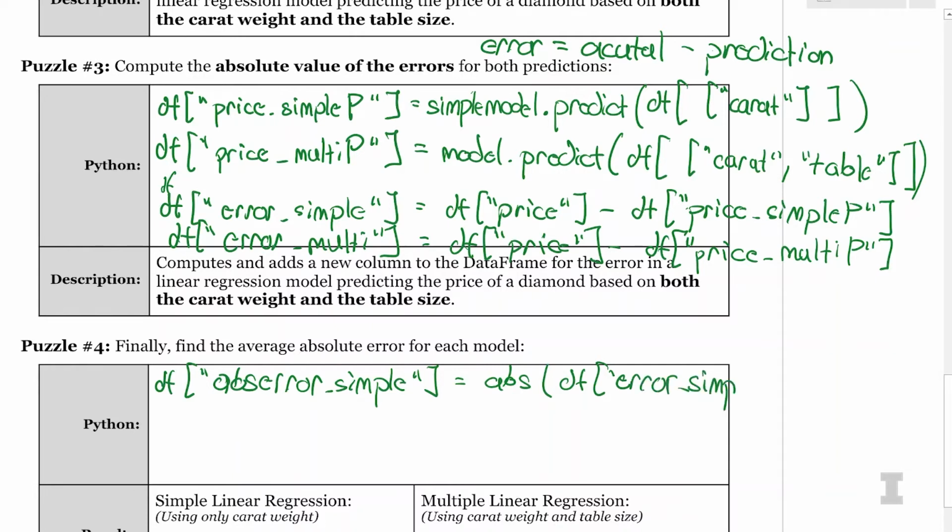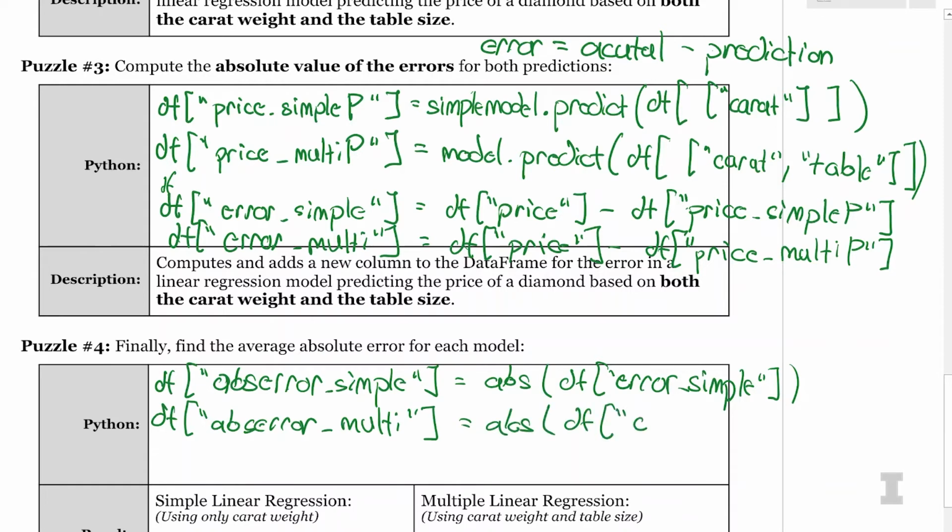And then the second thing I'm going to do is df at abs error multi is equal to the absolute value, or abs, of df at error underscore multi. So what I'm doing is I'm taking the absolute value of both of these errors and creating new columns.